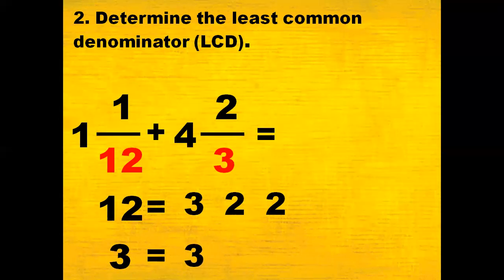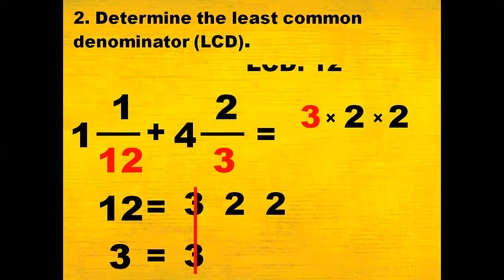So we need to cancel the greatest common factor, and our greatest common factor here is 3. So now, bring down all the numbers. So we have 3 times 2 times 2. So 3 times 2 will give us 6, times 2 will give us 12. So our LCD is 12.